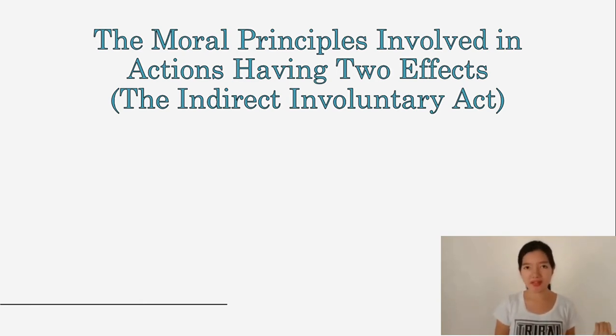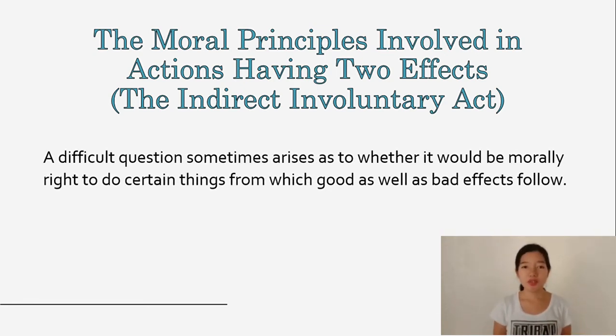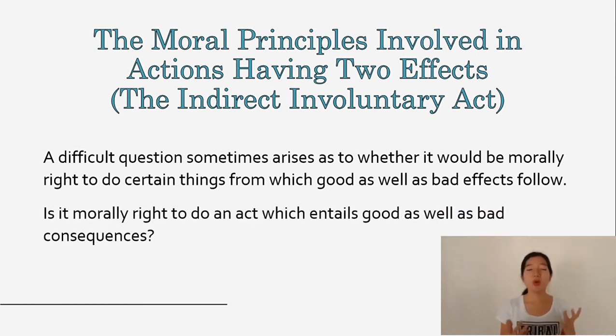One good effect and the other a bad or evil effect. A difficult question sometimes arises as to whether it would be morally right to do certain actions from which good as well as bad effects follow. Meaning, is it morally right to do an act which entails good as well as bad effects?